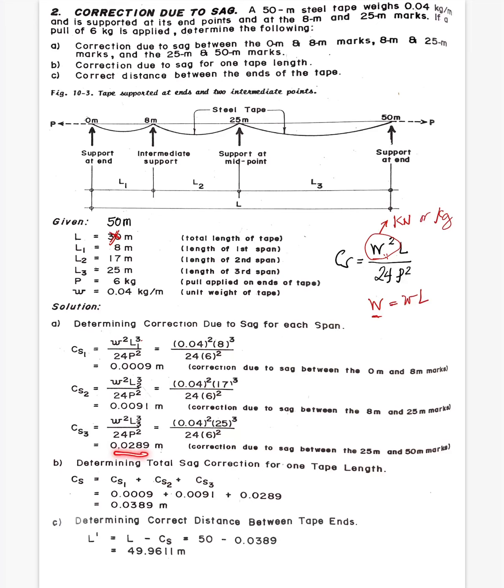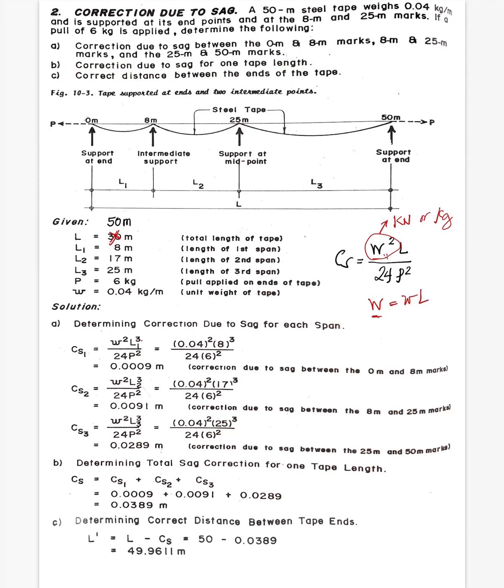So for the correction in L3, that is 0.0289 meters. So that is the correction due to sag for the 25 and 50 meter mark. Okay, so that's the correction per length or distance of support.